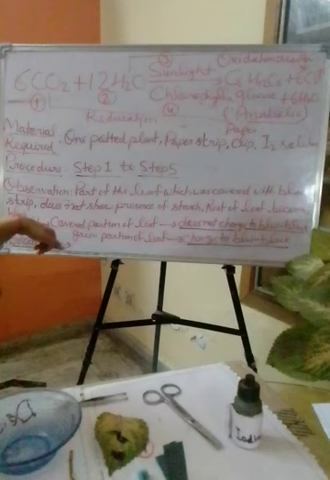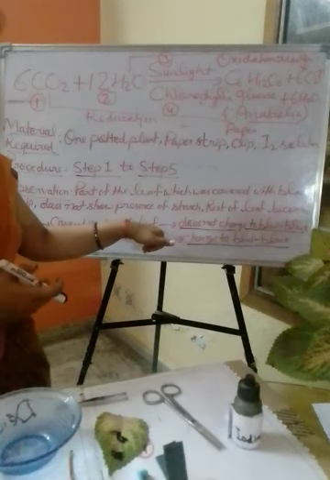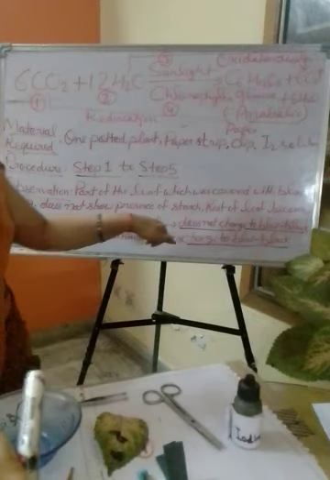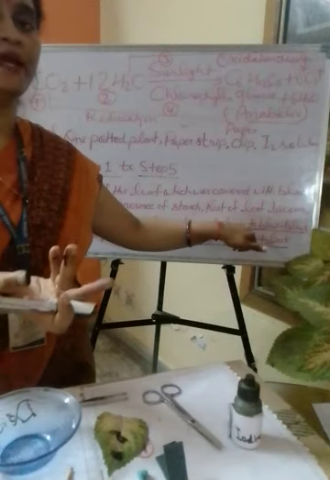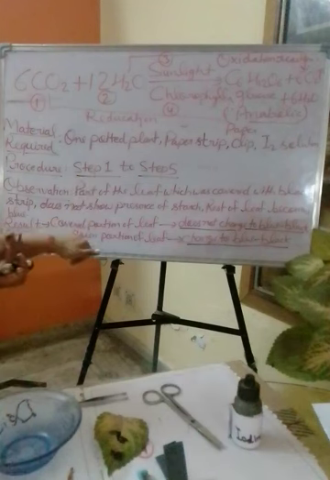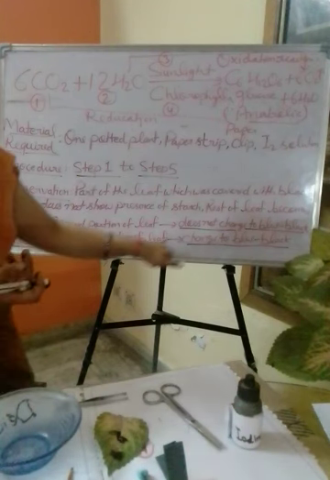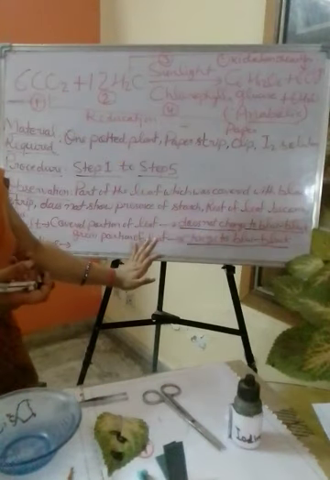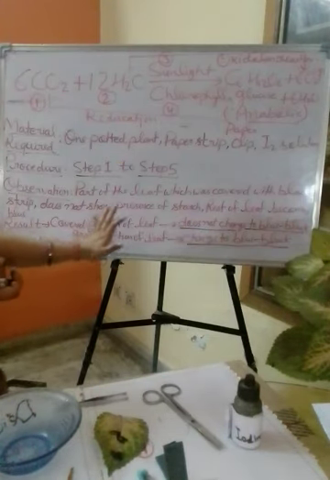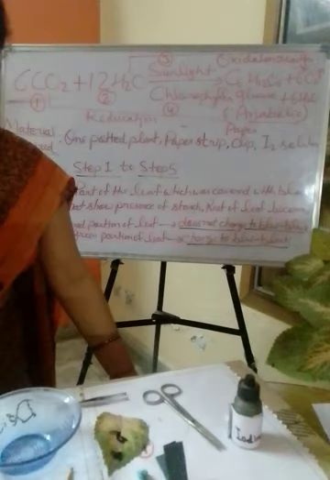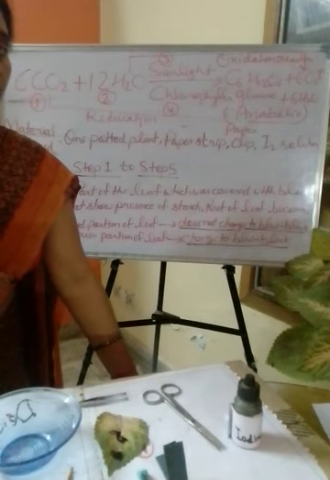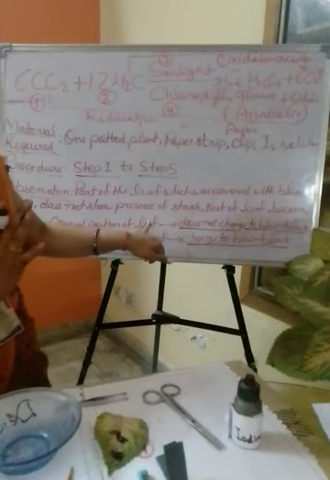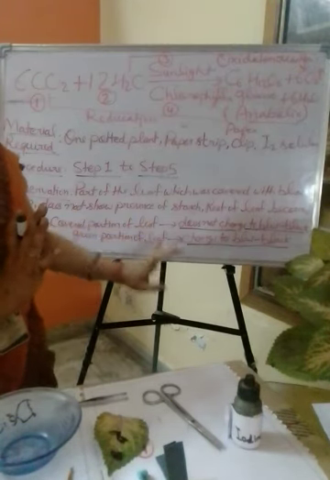Now result, covered portion of the leaf, it means that part does not change to blue and black color, but green portion of leaf change to blue and black. Green portion have a starch and covered portion of leaf does not have a स्टार्च. ओके, इसमें नहीं होता स्टार्च, रिमूव हो जाता है, और इसमें स्टार्च प्रेजेंट होता है.